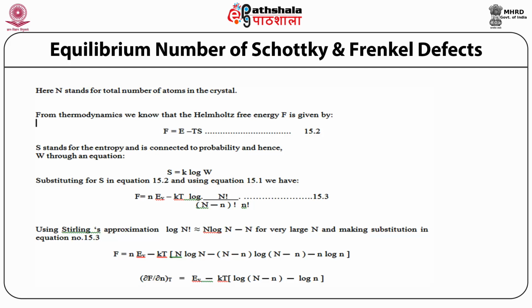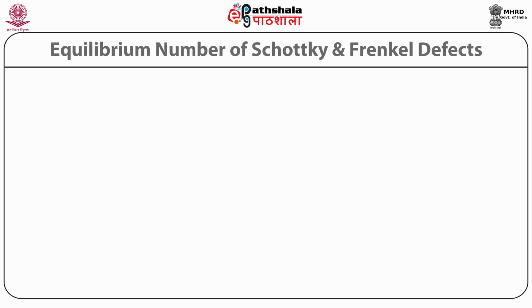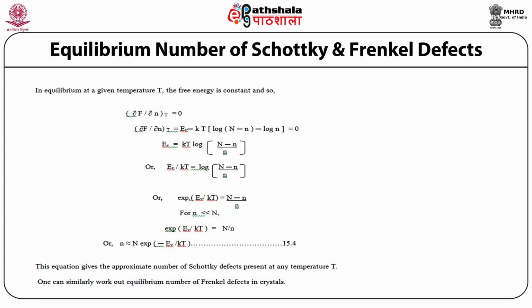Del F by del n at constant temperature is equal to EV minus kT within brackets log of N minus n minus log n. In equilibrium, at a given temperature T, the free energy is constant, and so del F by del n at constant temperature is equal to 0.